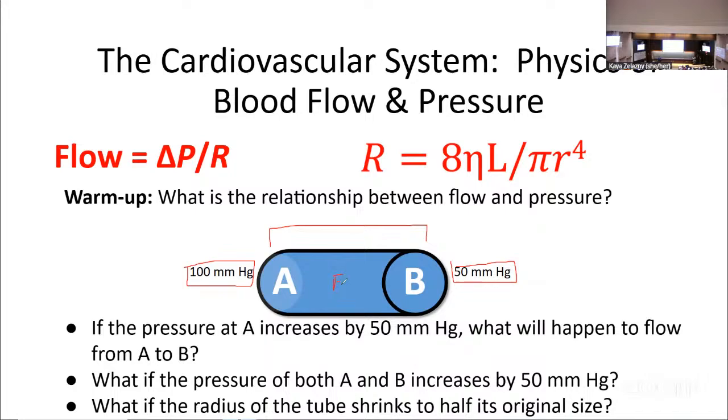That's part one. Part two, we want to think about what would happen if we increased both A and B by 50. And then part three, what if we shrunk the radius of this tube? What if we narrow it down so that it's half the size?